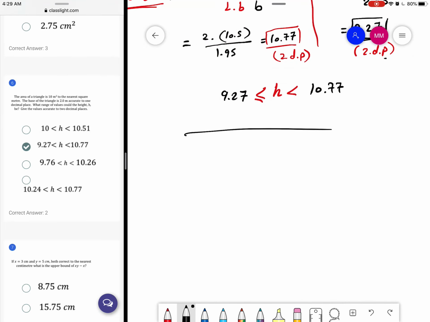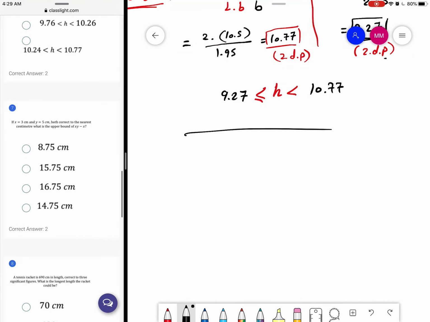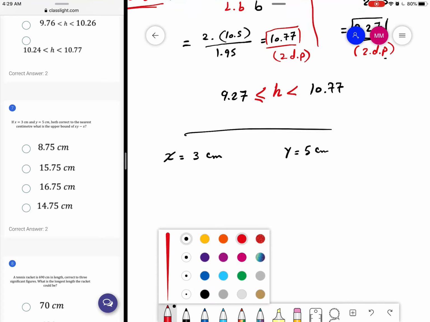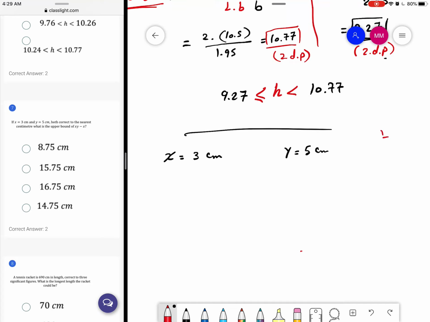Okay, for the next one, yeah, this one is hard. X equals 3, y equals 5, both correct to the nearest centimeter. So I have here x equals 3 and y equals 5 to the nearest centimeter. 1 divided by 2 equals 0.5.